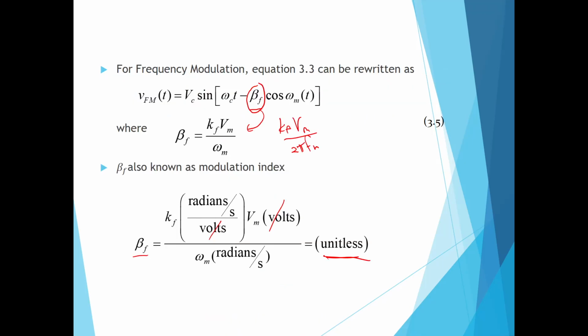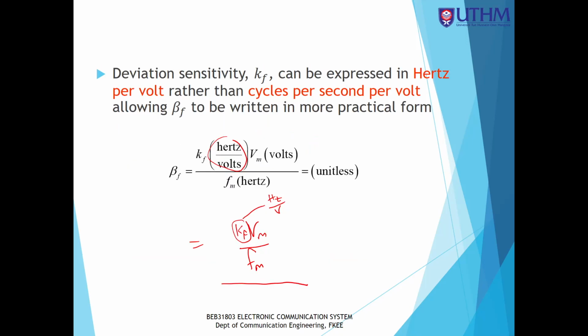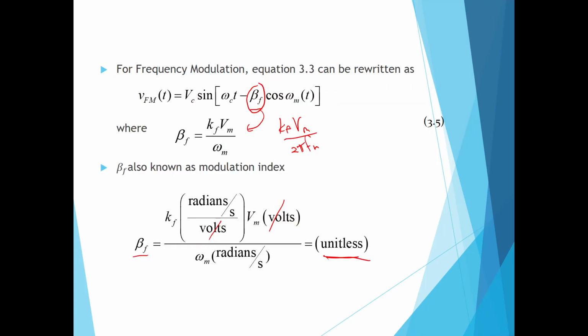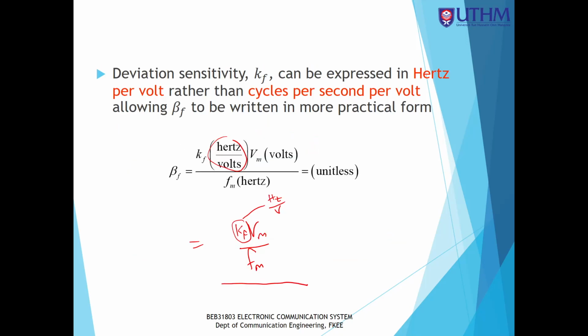The difference is in terms of Kf: here Kf is radians per second per volt, whereas for this one Kf is in hertz per volt. The difference is that we divide the numerator and denominator by 2 pi. If you do that, you get hertz per volt divided by hertz, like this. It is actually the same thing.